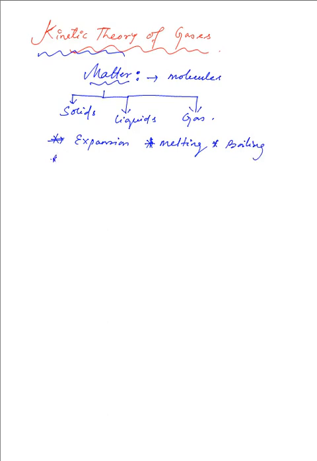These various properties can be explained in terms of the kinetic theory. Evaporation, diffusion, all of these.